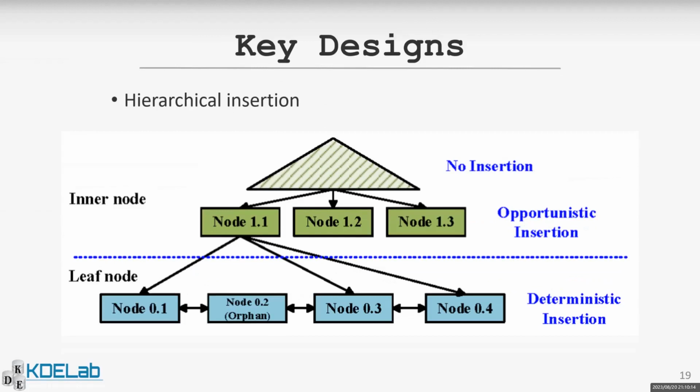Peeling uses different insertion strategies for nodes at different layers. For leaf nodes, peeling uses a deterministic insertion strategy to ensure that new keys can be inserted into the index. For the parent node of the leaf node, that is the lowest layer of inner nodes, peeling uses an opportunistic insertion strategy.